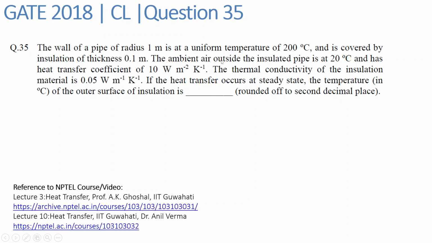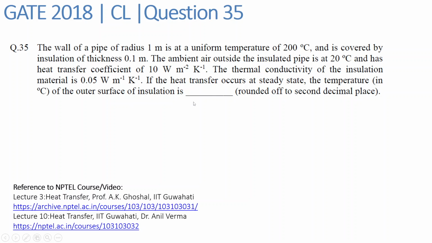The ambient air outside the insulated pipe is 20 degrees Celsius and has a heat transfer coefficient of 10 watt per meter square Kelvin. The thermal conductivity of the insulation material is 0.05 watt per meter per Kelvin. If the heat transfer occurs at steady state, the temperature of the outer surface of insulation is this.